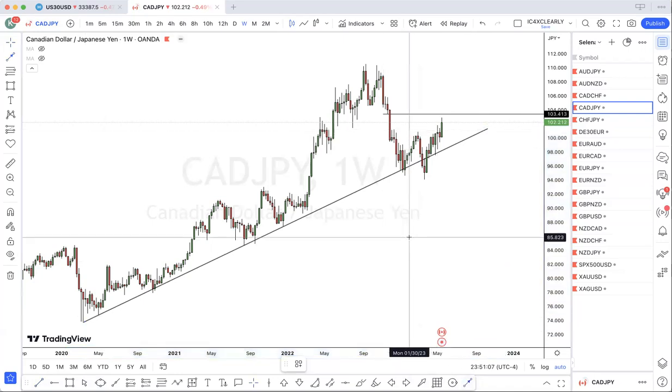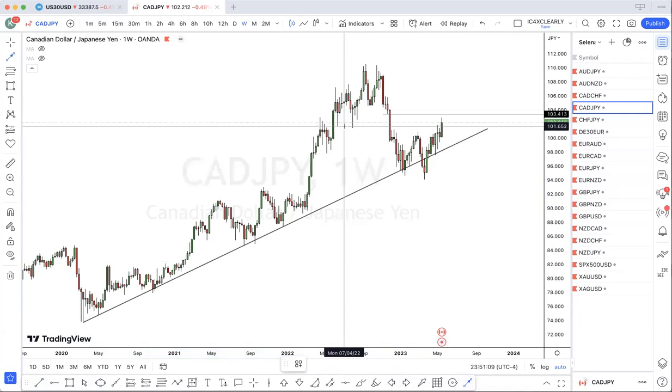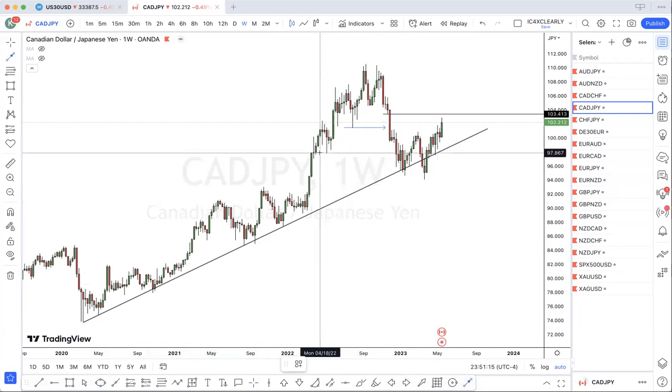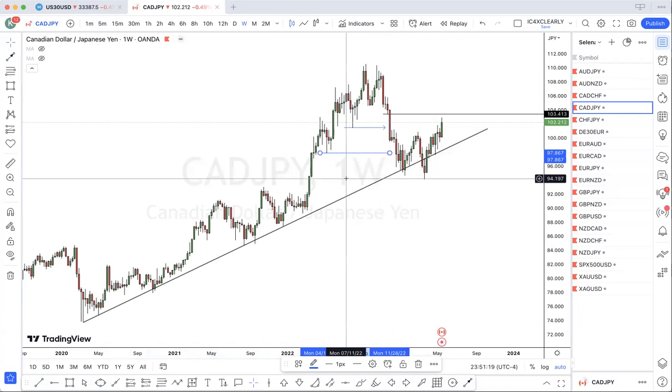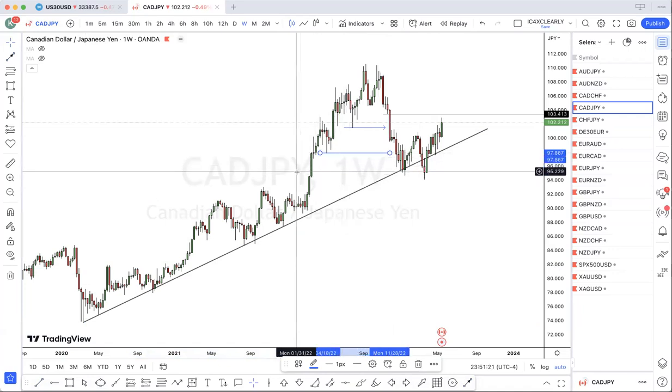price broke structure here. Okay. And price has broken structure here. Price filled in this imbalance.